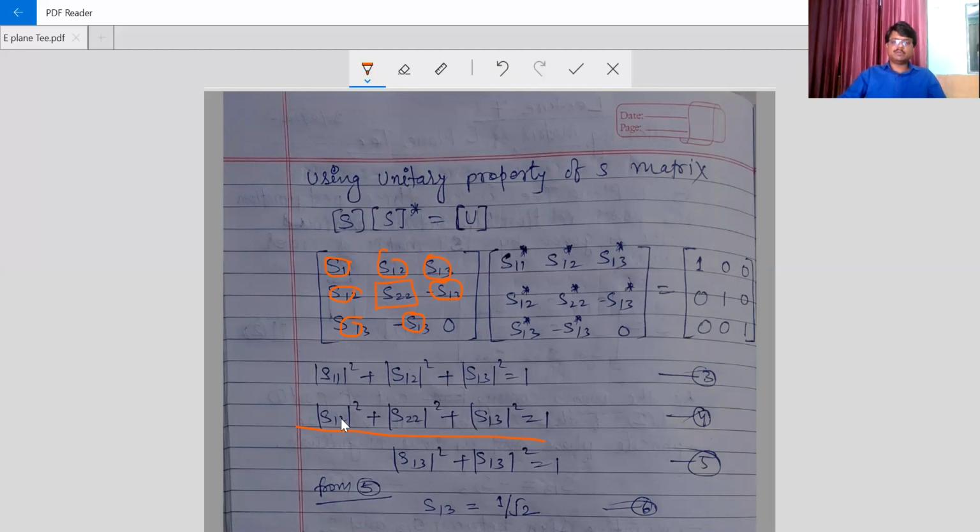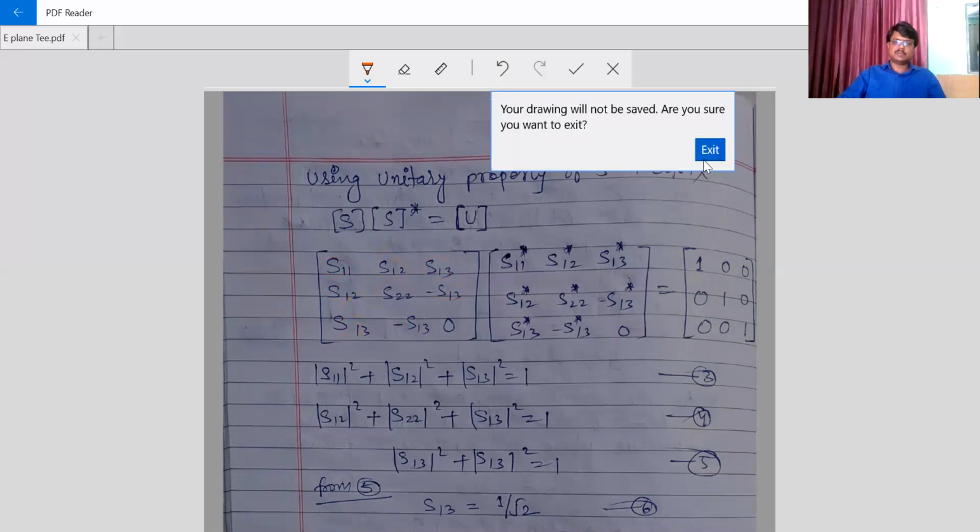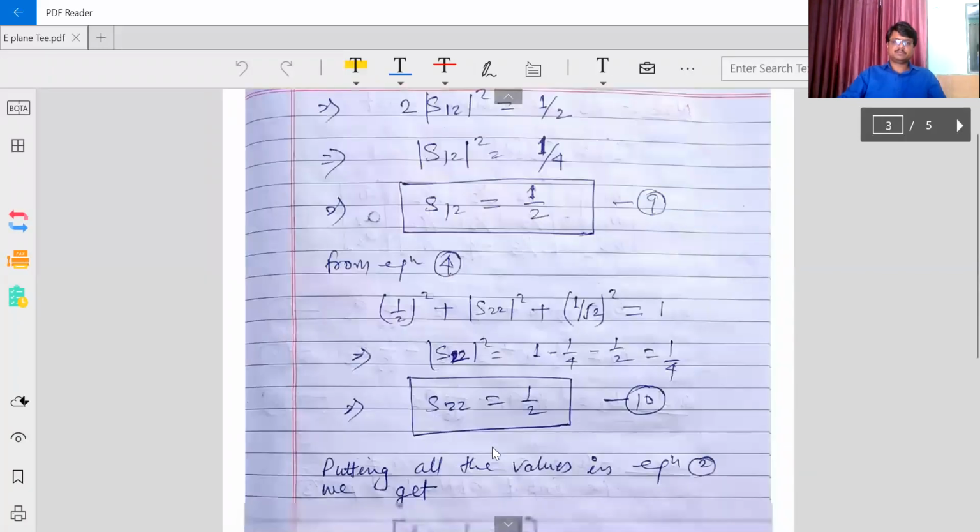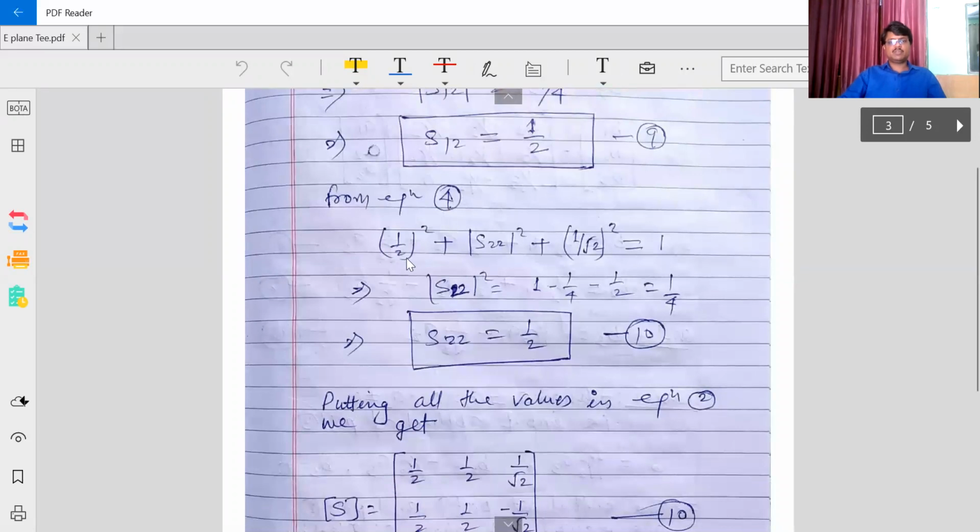So by putting the values of S12 and S13 in equation 4, we get 1 by 2 whole square, plus S22, plus S13, 1 by root 2 whole square, is equal to 1. So by solving this one, S22 is 1 by 2.